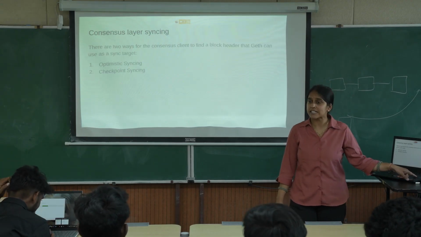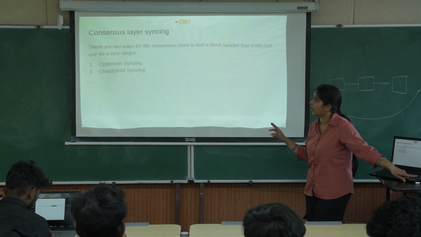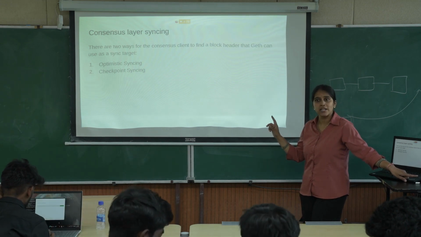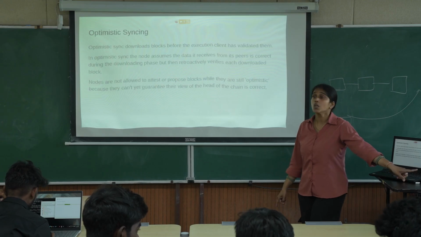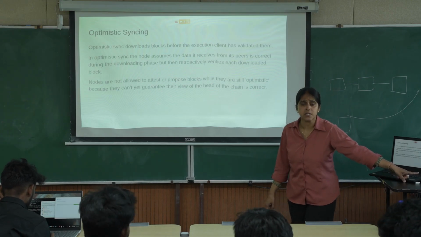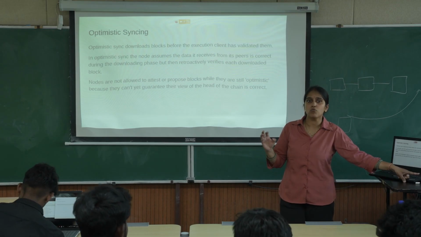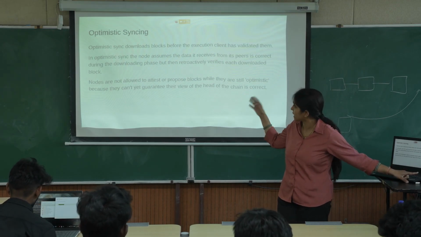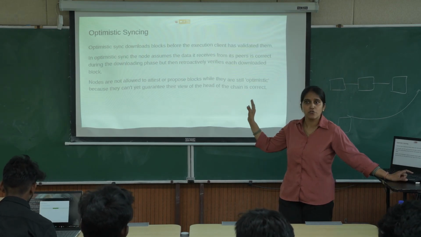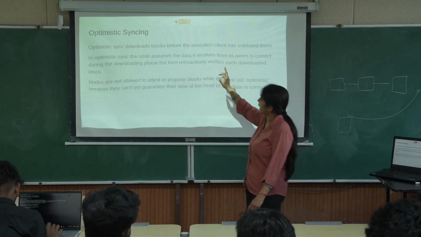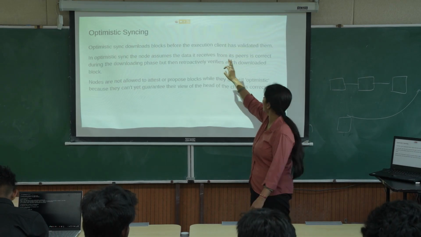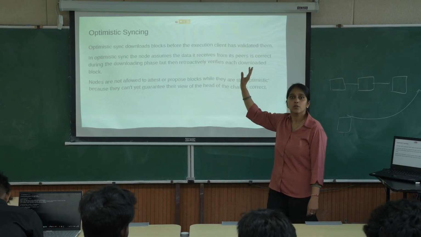Next is the consensus layer syncing. There are two types of synchronization. One is optimistic syncing. Next is checkpoint syncing. In optimistic syncing, we assume that whatever the clients are doing is correct. So we will just provide the validation, and it will download blocks before the execution client has validated them.